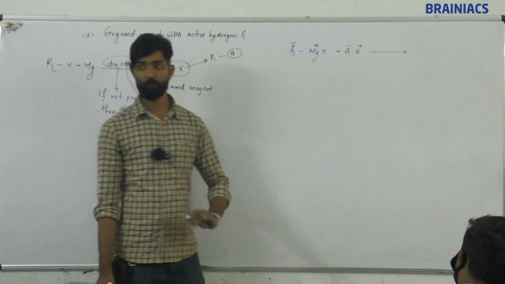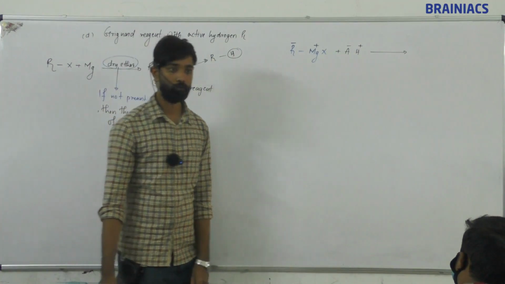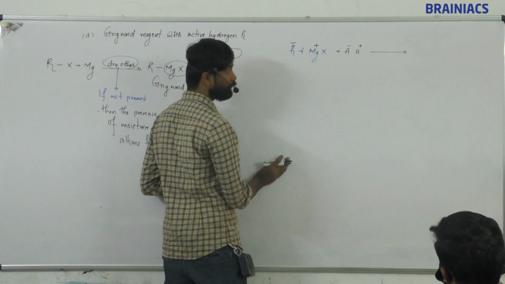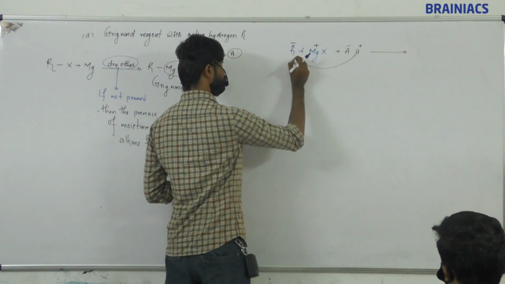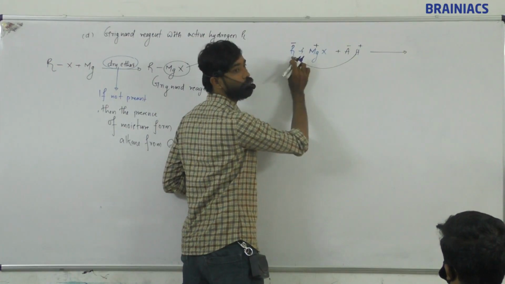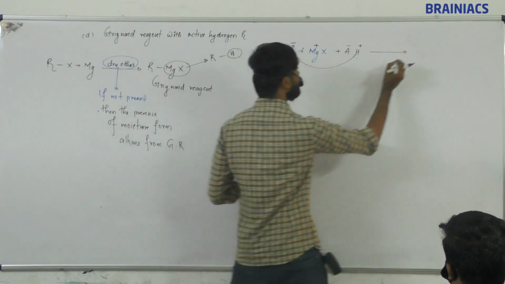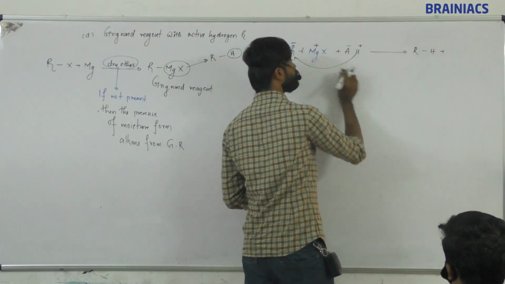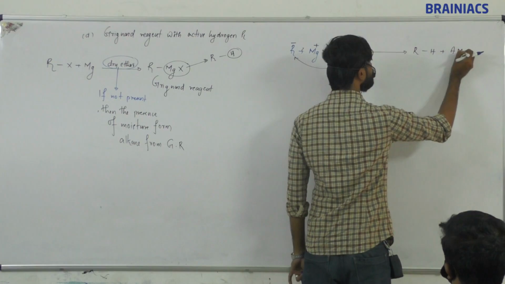Then this bond may cleave. So with an active hydrogen species in presence of Grignard reagent, the H plus goes to R minus and it becomes RH, and A minus goes with the MgX and it becomes AMgX.